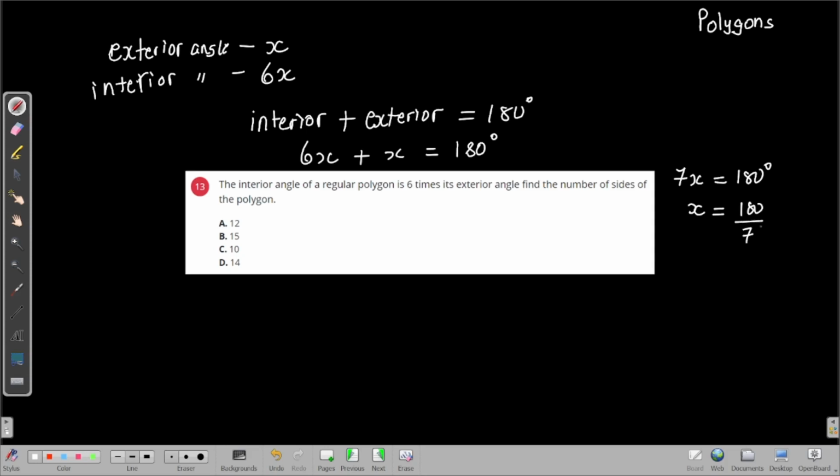So this is telling us that each exterior angle is 180 divided by 7. For the interior angle, each interior angle will be 6 times 180 divided by 7. So this is one interior angle.